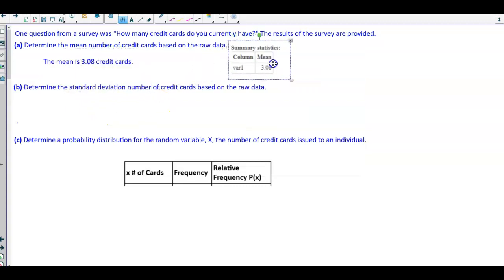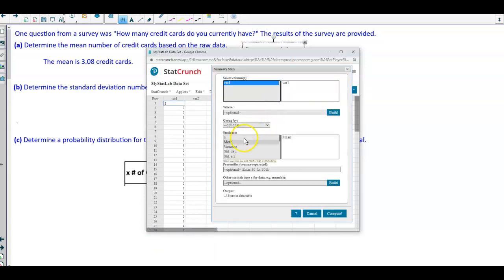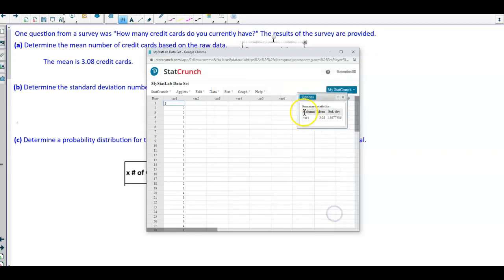Okay. Next, we want to determine the standard deviation number of credit cards based on the raw data. So if we come back in here, we're going to go to Options. We're going to select Edit, and then we're going to also include the standard deviation by holding the Control button. So now we have the mean and the standard deviation. So let's go ahead and select Compute there.